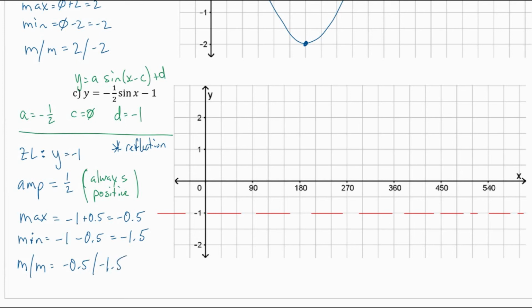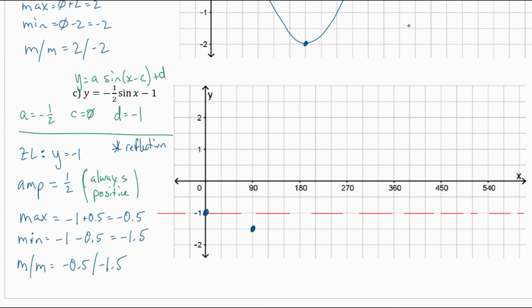Okay? And this is sine again. Sine starts at the 0 line, so I can put my first point there. But usually sine starts on the 0 line and goes to the max, which would be here. But we have a reflection. So instead of starting at the 0 line and going to the max, I start at the 0 line and I go to the min. Again, 3 squares.